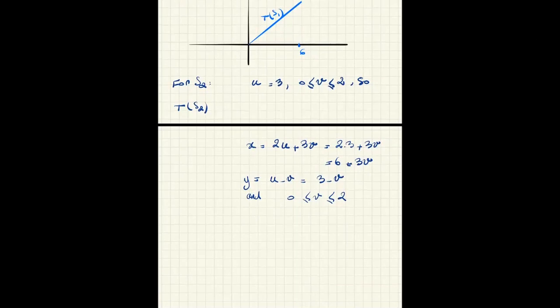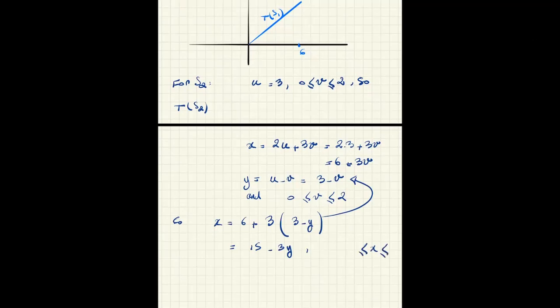Now x is equal to 6 plus 3V. V is equal to 3 minus y, I'm using this one here, so x is equal to 15 minus 3y. And now, what is the range of x?